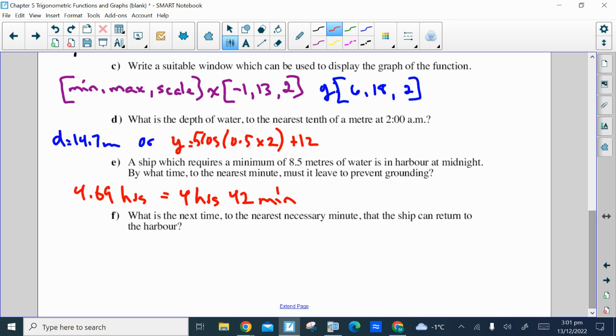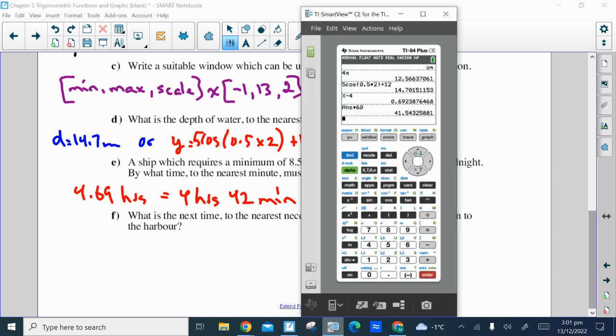And when can it safely return to the harbor? So that'll be the second point of intersection, second function trace, number 5 for intersect, enter. Let's put my guess here at 7. And it's actually 7.87 hours.